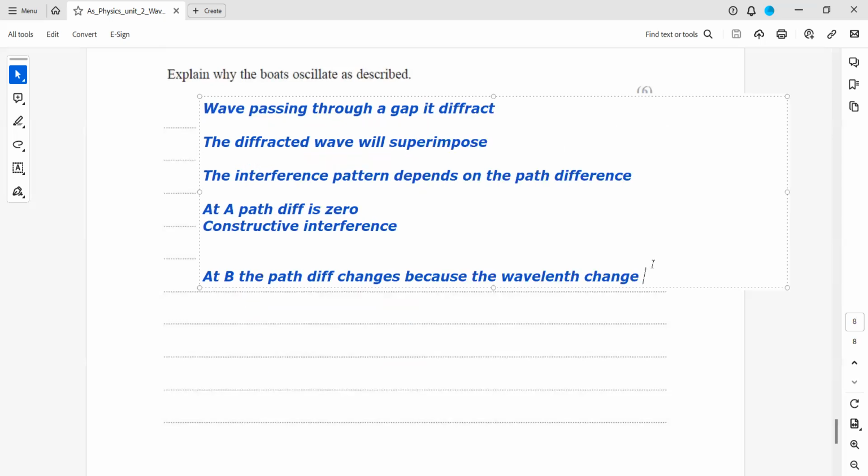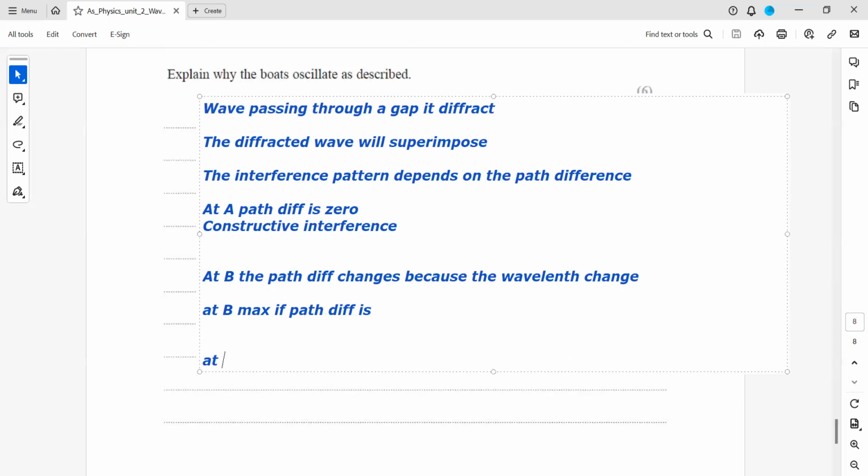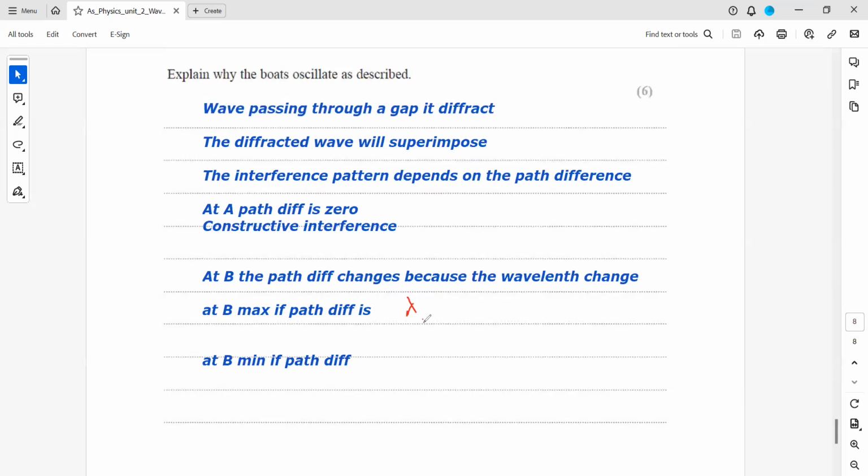At B, it will be maxima if the path difference is lambda, 2 lambda, 3 lambda, and it will be minima if the path difference is lambda by 2, 3 by 2 lambda, 5 by 2 lambda, and so on.